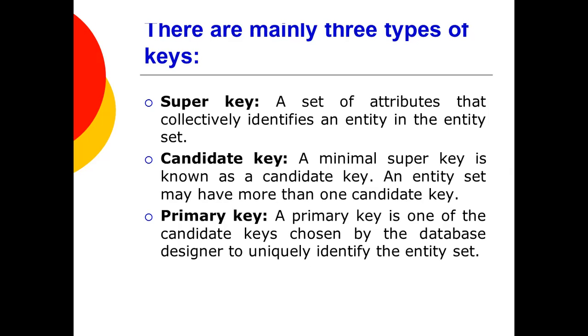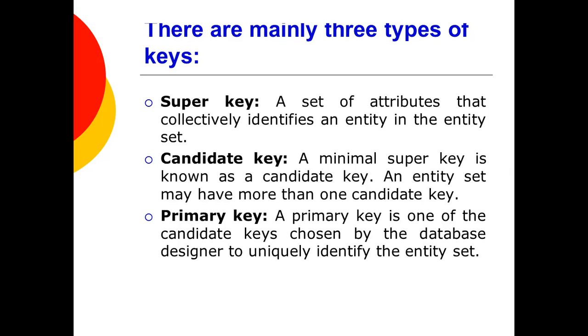Here it is an entity set, which consists of other entities inside it, and it may have more than one candidate key. So we combine several groups, and over each group there is a candidate key. Overall there are a number of candidate keys, and overall there is a super key.